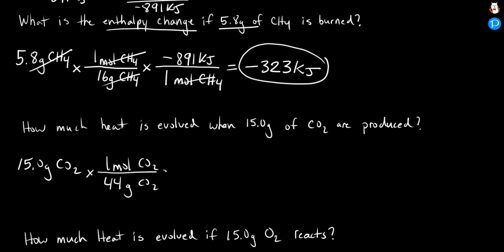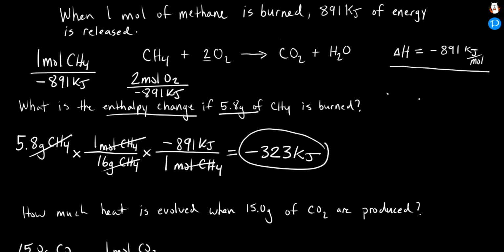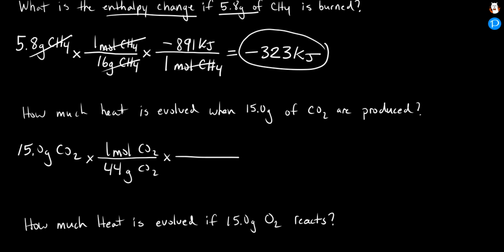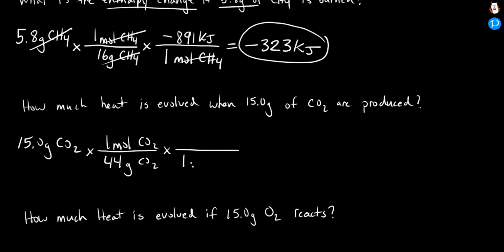And then we would use the same thing for energy. So this reaction, I can see that for every 1 mole of CO2 that's produced, there's this much energy. So I'm going to use that as my conversion factor. For every 1 mole of CO2, there are 891 kilojoules of energy released.